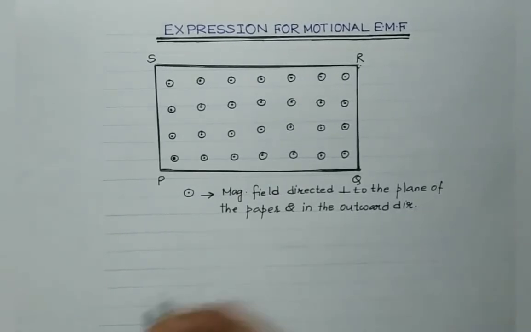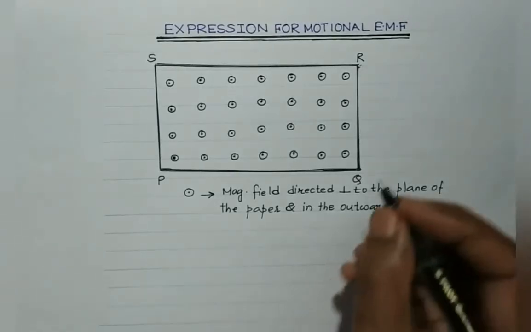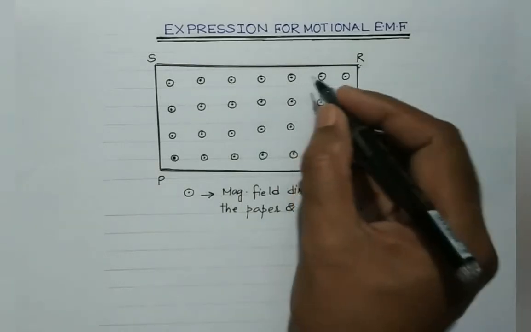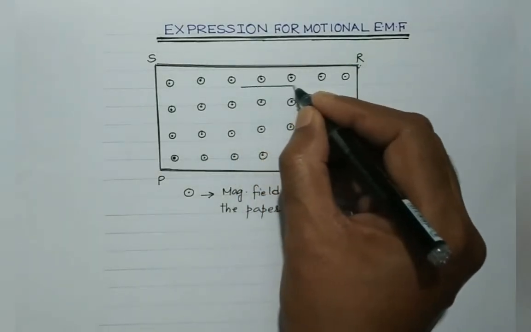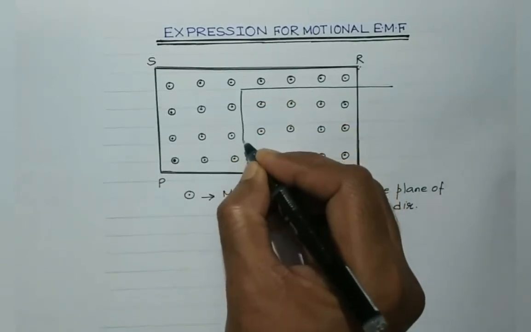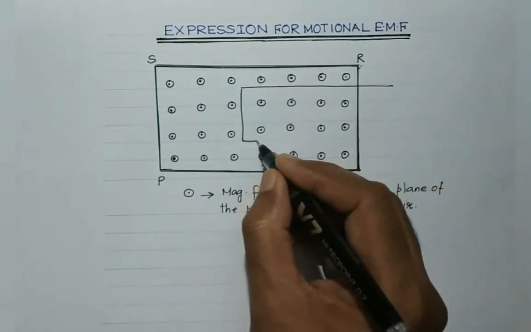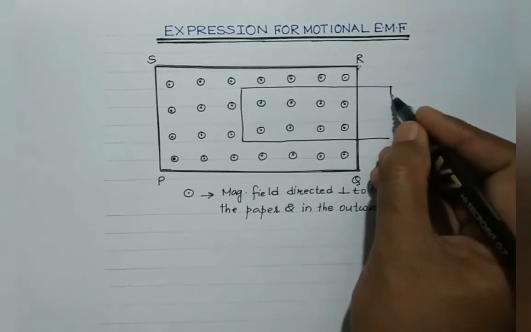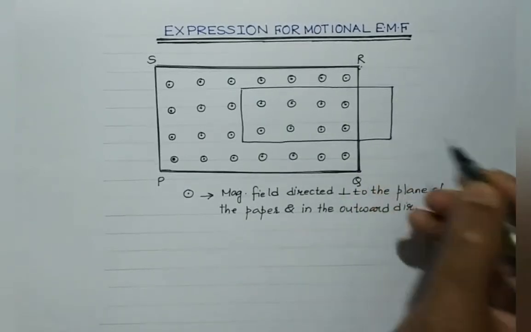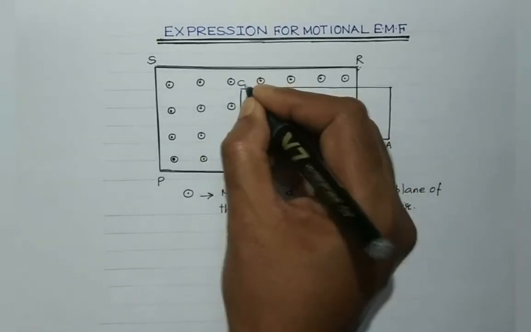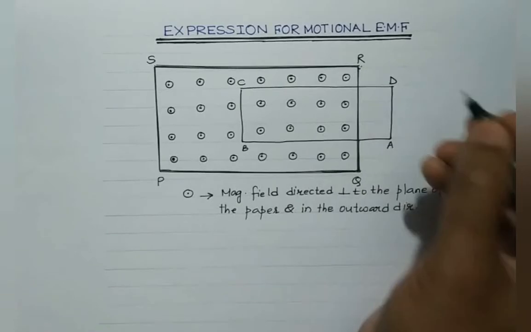Okay. Now what we assume is, let us consider a closed loop. Let this be a closed loop. Let it be A, B, C and D, right?